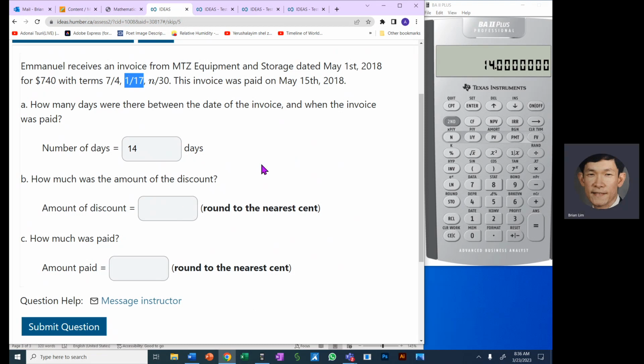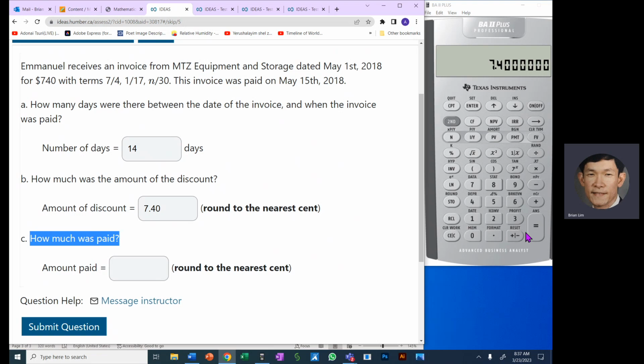So 1% of $740. So we'll go 740 and multiply by 1, click on percent, and there it is, the amount would be $7.40. That is the discount. So how much was paid? Well, how much was paid?